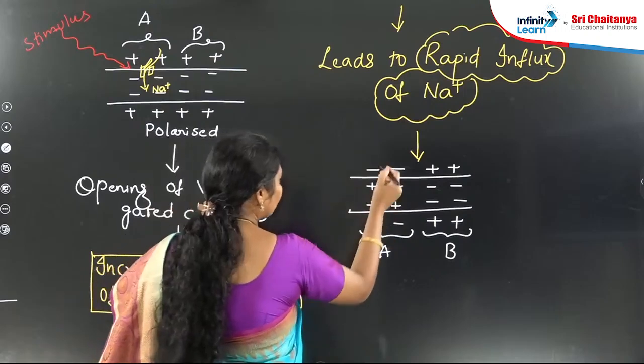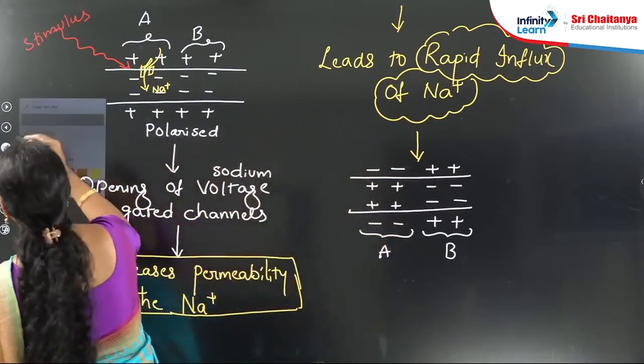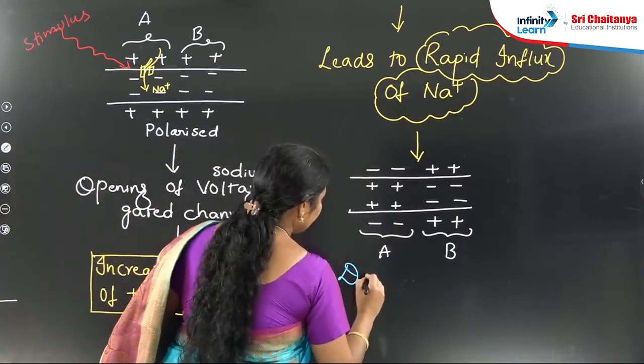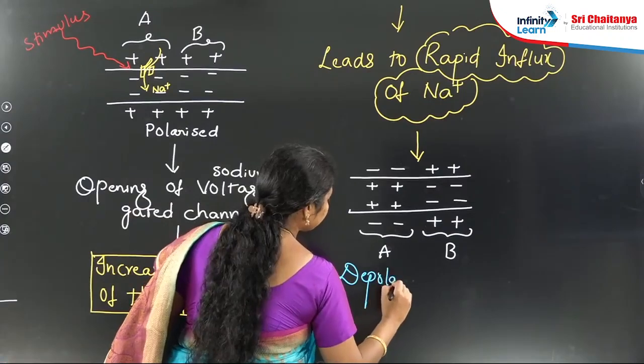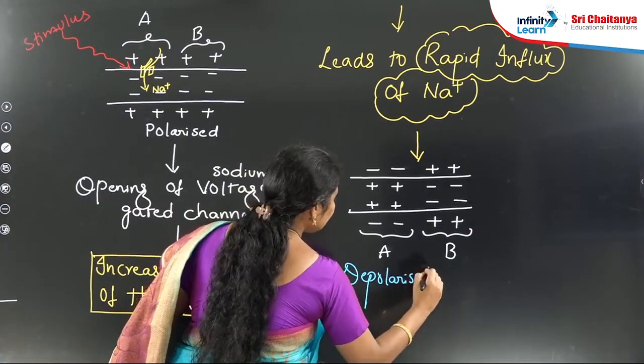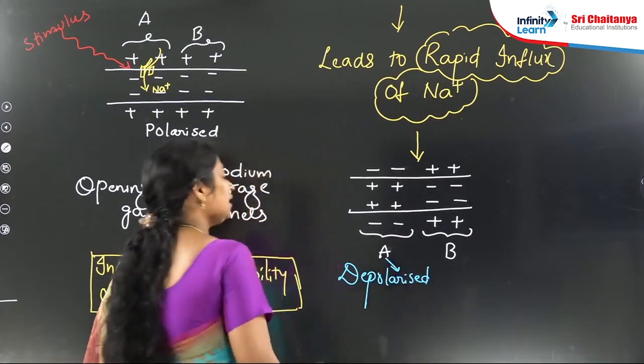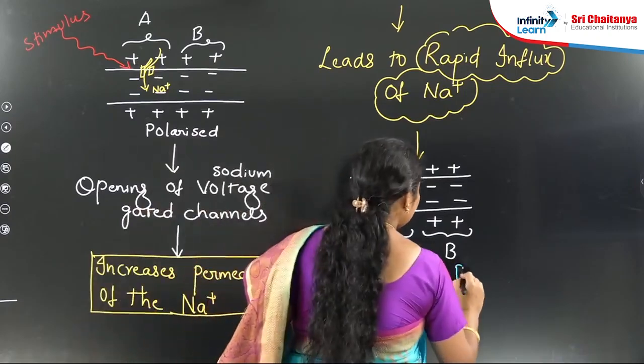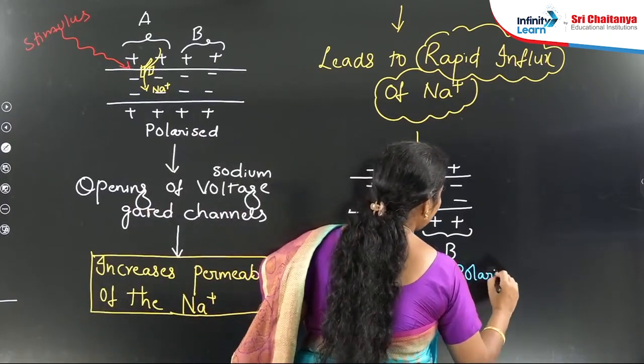Wherever this type of reversal takes place, that is known as depolarized. So now the A side gets depolarized, and what about the B side? The B side is normal only, still in the polarized state.